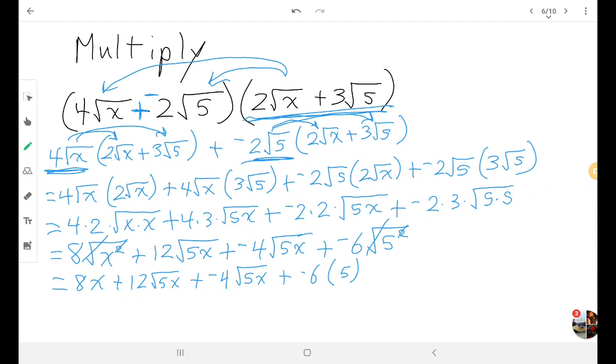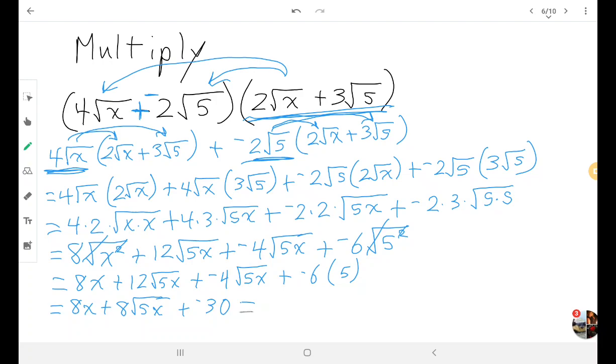So finally, well, I guess not finally quite yet, but next I'm going to take these two and put them together as like terms. So I've got 8x plus, and then I could do the 12 plus the negative 4, which would give me 8, and then I keep the square root of 5x. Plus, and then I'm going to do that problem right there and say negative 6 times 5 is negative 30.